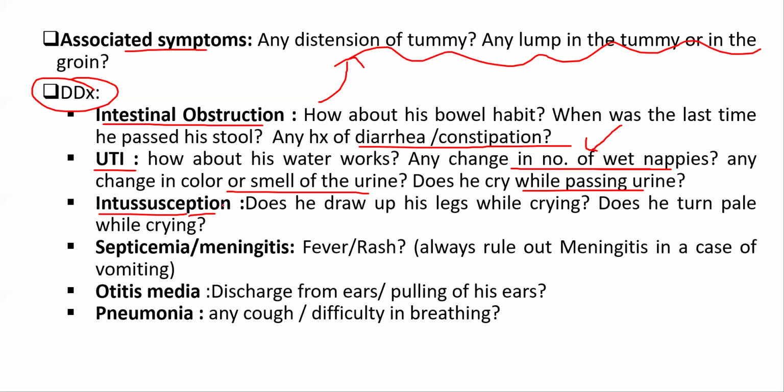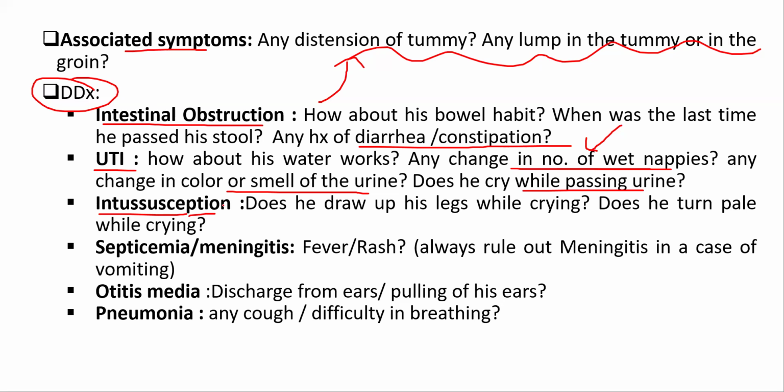Now, it's not a bad idea to ask a bit more about intussusception. It's a kind of intestinal obstruction, but here there will be telescoping of one bowel into another bowel.